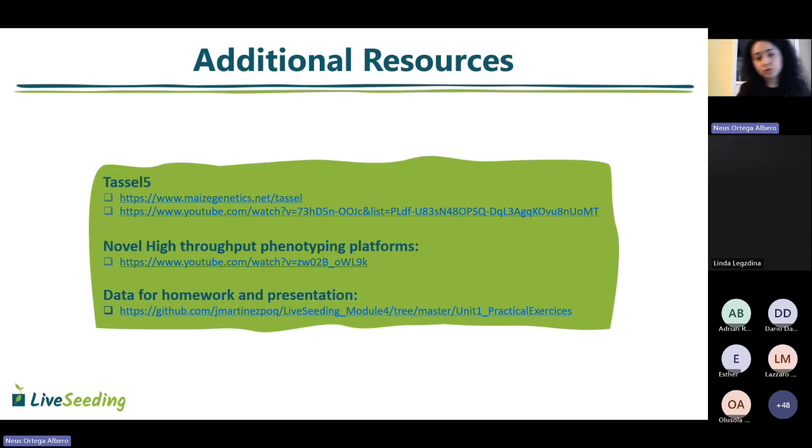I think the most important thing we need to retain from this unit is that knowing the genetic basis of the traits, moreover of complex, quantitative traits, is very important, because most of the agronomic traits we want to improve during breeding processes are very complex.